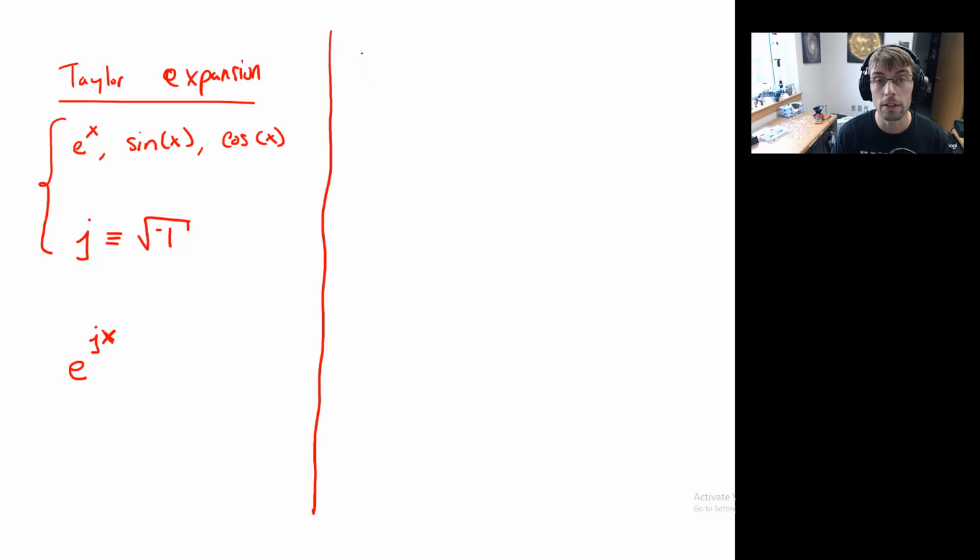Remember a Taylor expansion, and we'll do it for x naught equals 0. A Taylor expansion says we need to evaluate the function at x naught. That's the first step. So if we evaluate e to the jx at x equals 0, I get 1.